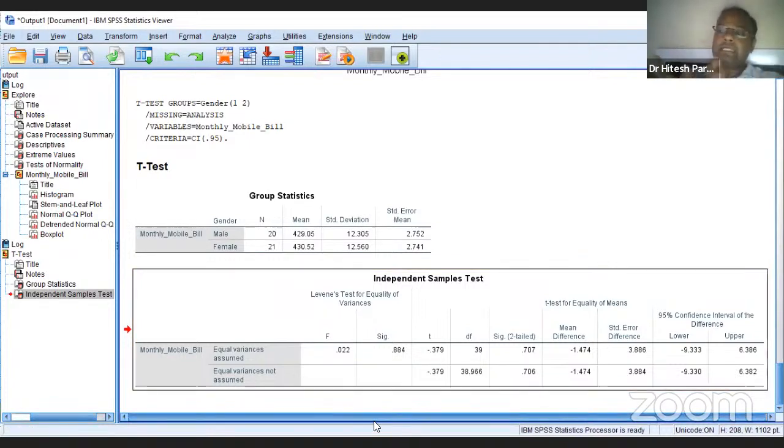Formula A is the independent sample t-test if equal variance is assumed. Formula B is the independent sample t-test if equal variance is not assumed. But how do we know whether in our case equal variances are assumed or not? Now, what are these variances and equality?